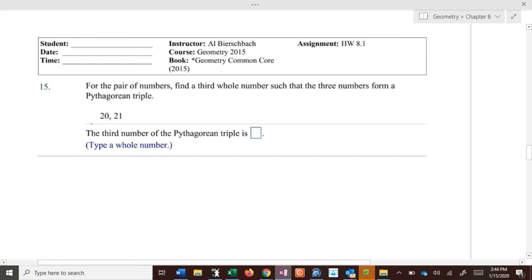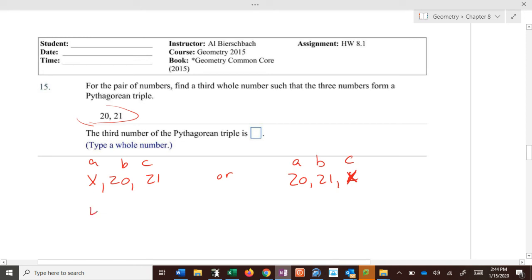You have to find a Pythagorean triple with 20 and 21 in it. So either x is smaller than 20 and 21, and this is A and B and C, or 20 and 21 are the small sides, and C or x is the hypotenuse. So let's try them both.